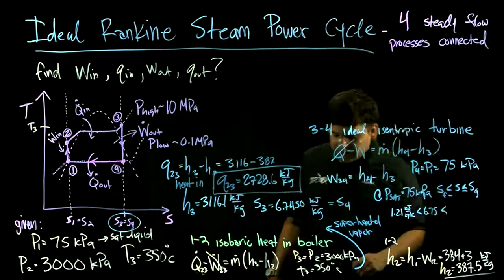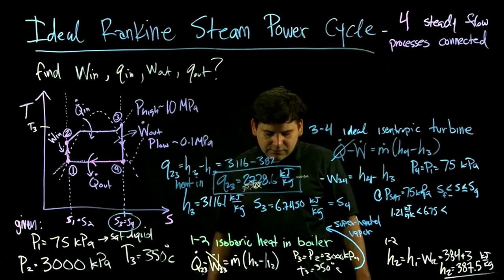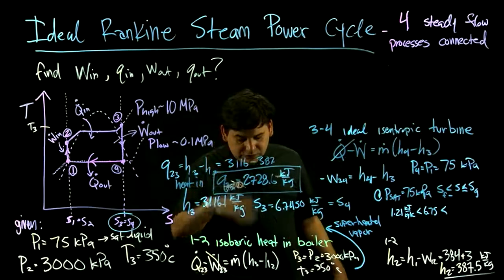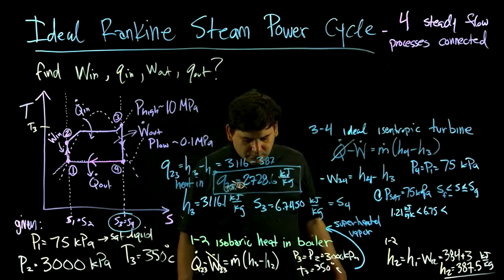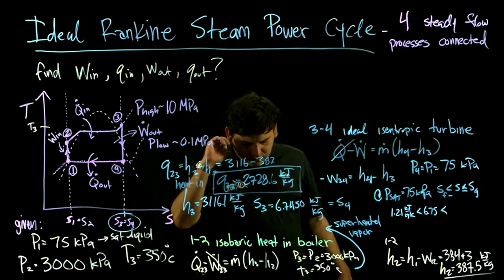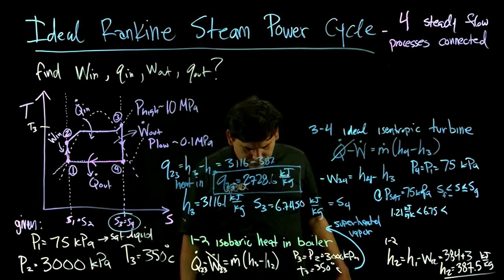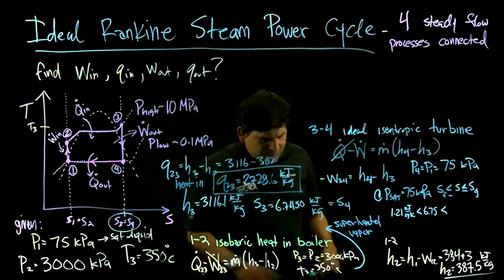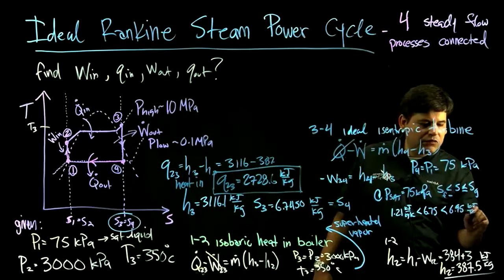And for the gas, let's see, what is Sg? This would be 6.95 kilojoules per kilogram Kelvin.